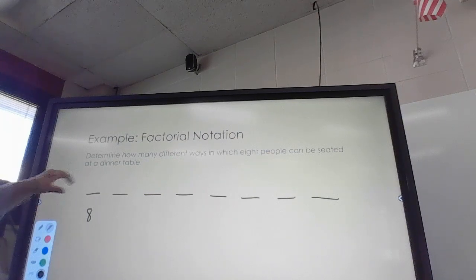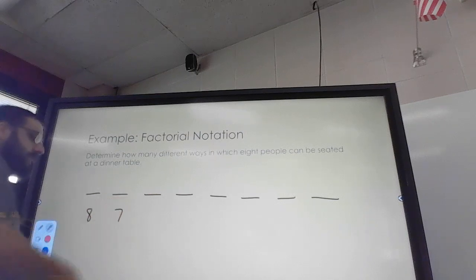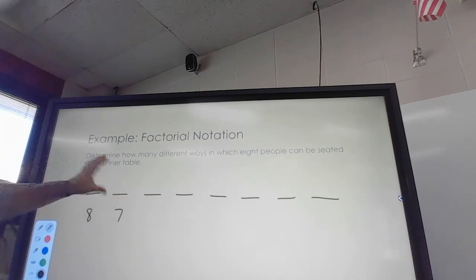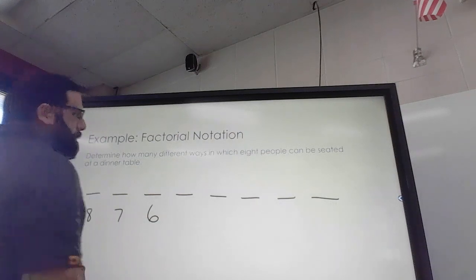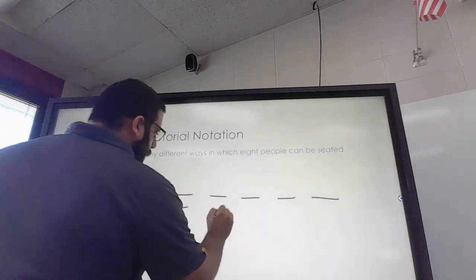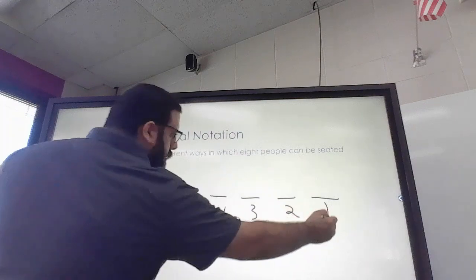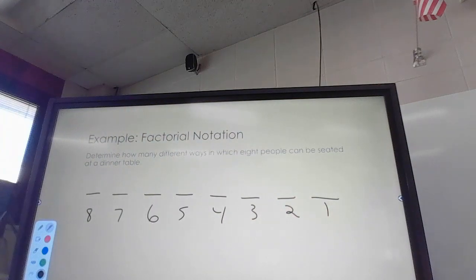When I sit that person, then I have 7 people left to choose from. When I sit that person, I have 6 people to choose from, and so on and so forth, up until I seat the last person. And that's why the factorial is so important, because factorials can really help us out in finding different ways to arrange a certain number of people in a certain space.